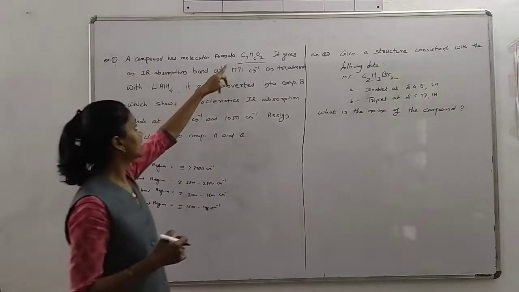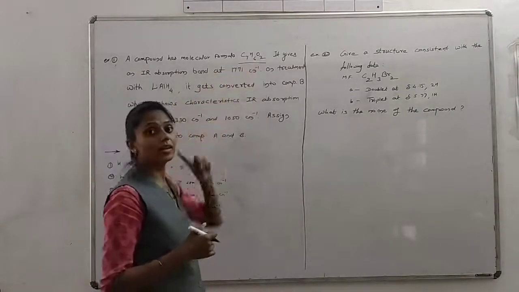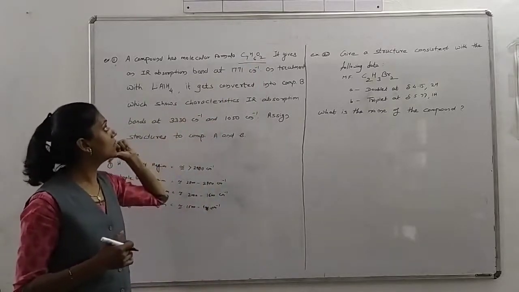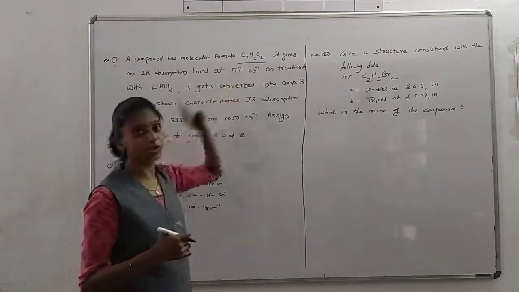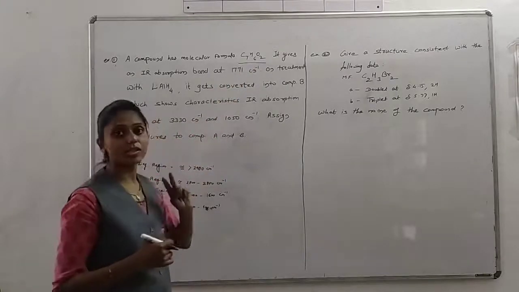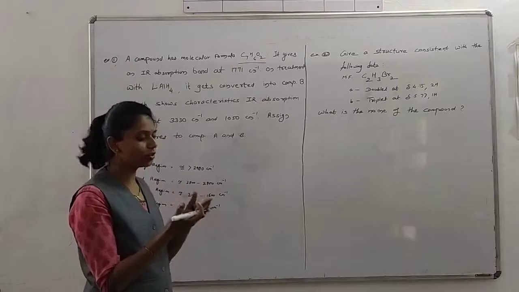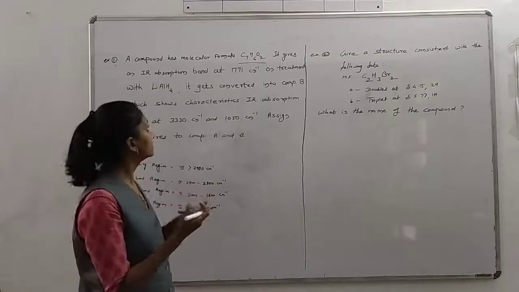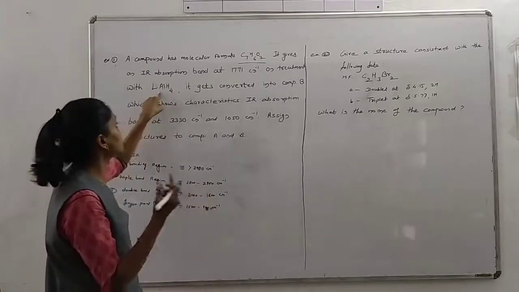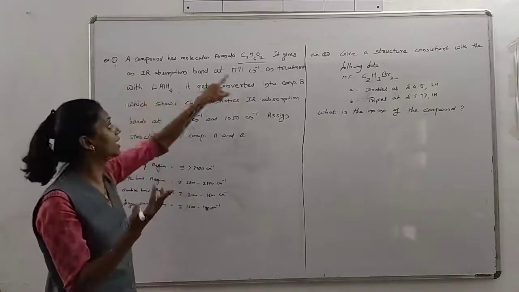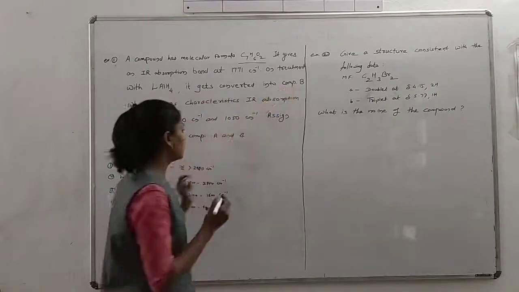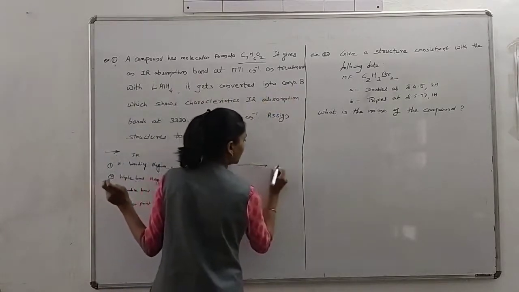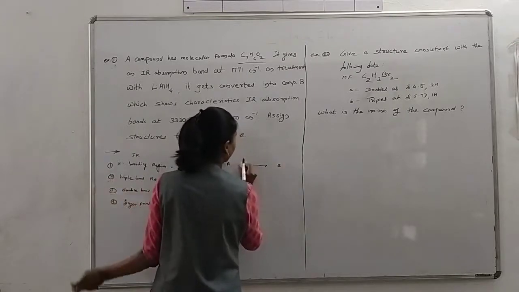Firstly, here the formula is C7H6O2. What is the main important thing to keep in mind? There are 2 oxygens. That means there is no aldehyde group, no ketone group; it must be an acid.